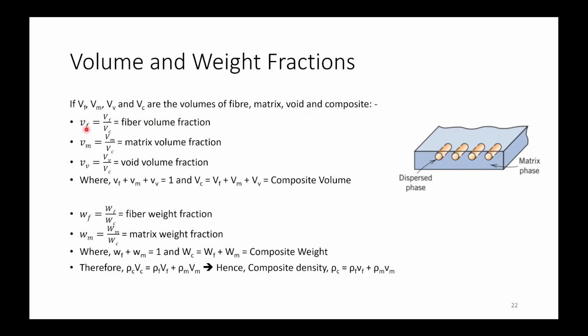So the total volume fraction will be 1. We get the volume fraction by dividing the volume of fiber by the volume of composite, and for the matrix, the volume of matrix divided by the volume of composite, and for void, the volume of void divided by the volume of composite.